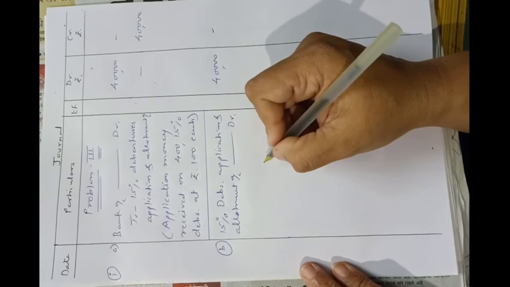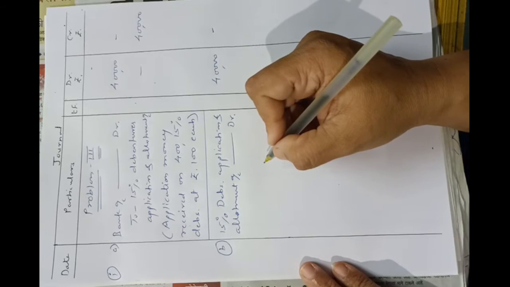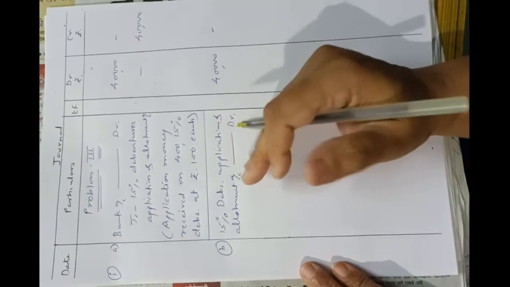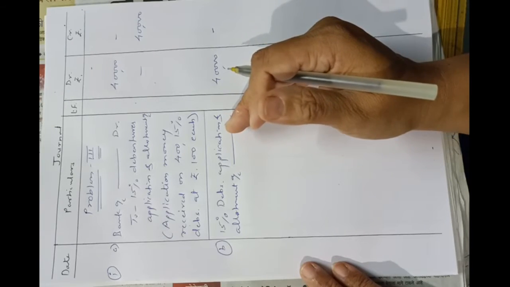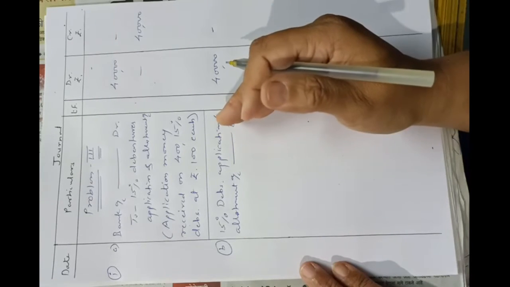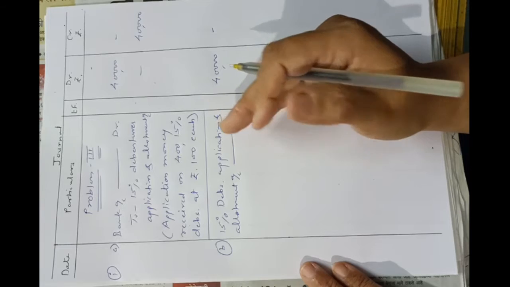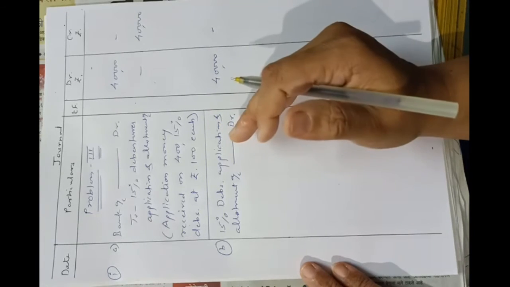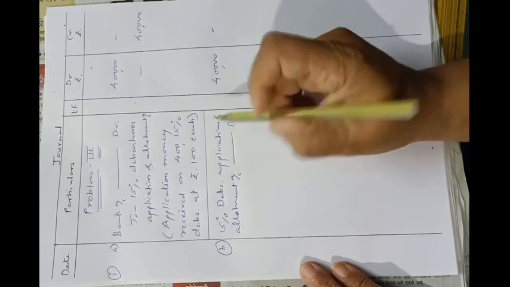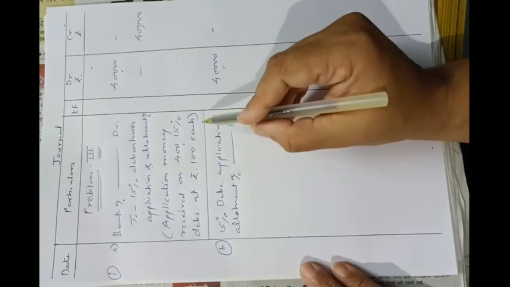Okay, now here, as these debentures are redeemable at premium, 10% premium, that is 110 rupees, so we will pay 10 rupees more to them. So this will be the loss to the firm. 400 debentures into rupees 10 means 4,000 will be the loss.